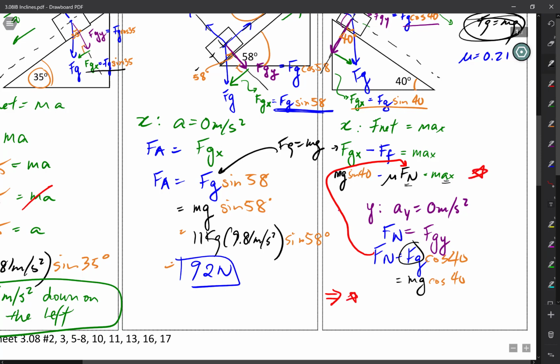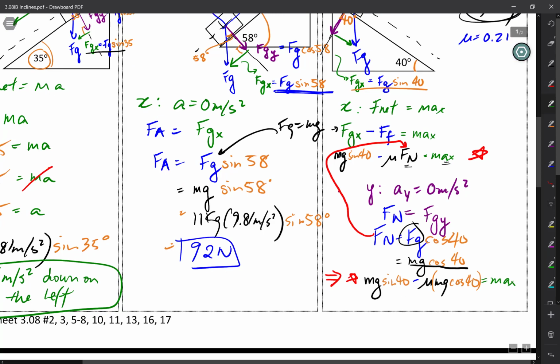We now have mg sine of 40, minus mu Fn. But Fn is now mg cosine 40, which is Fn. And now all of this is equal to mass times acceleration along the x-axis.